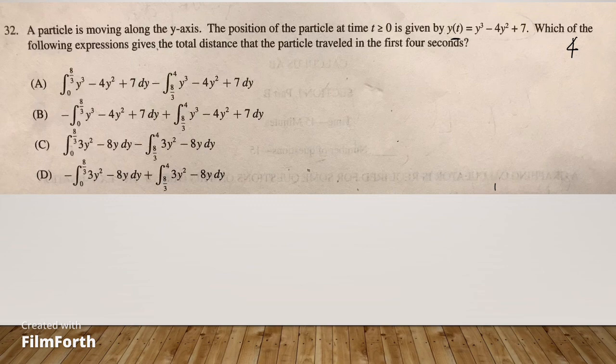But now we only have the position function, so we need to take the derivative of the position function. So y prime of t equals 3y squared minus 8y, and set it to be 0, and we factor it.